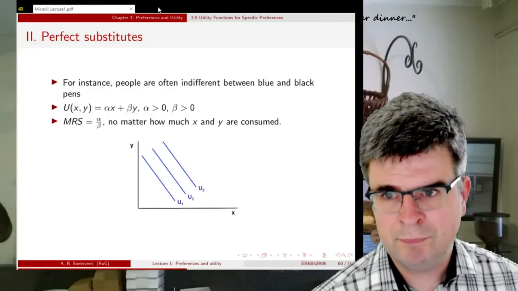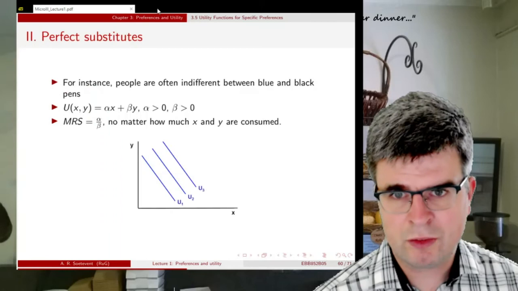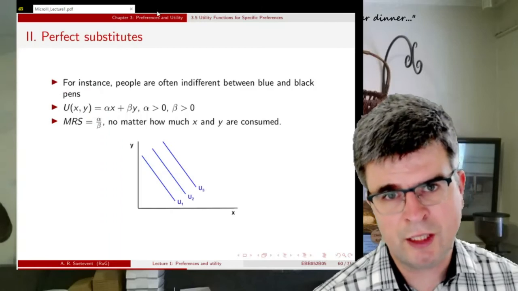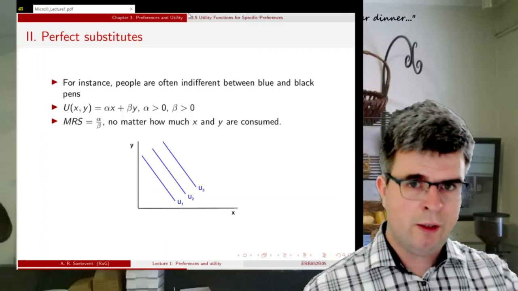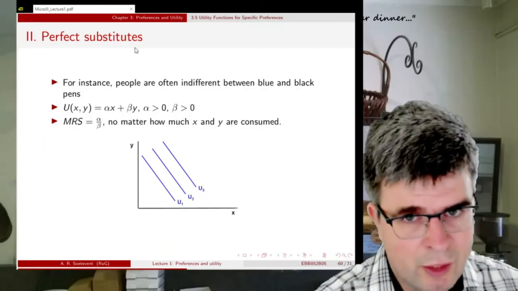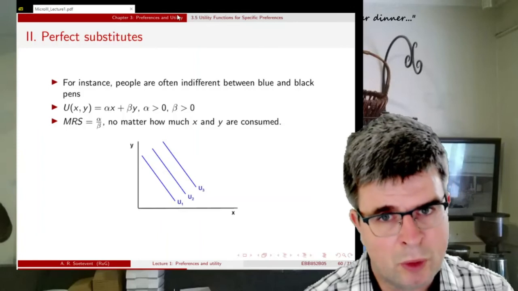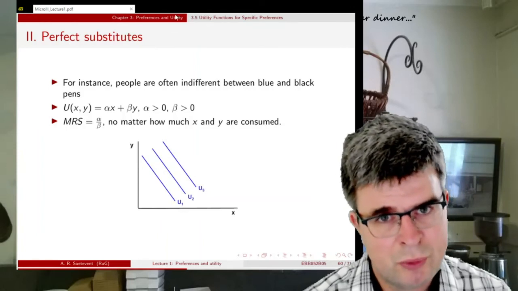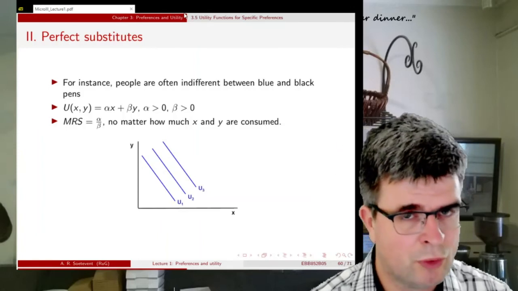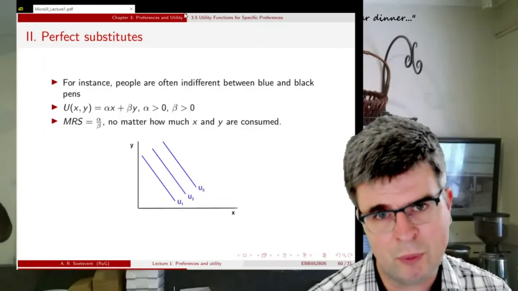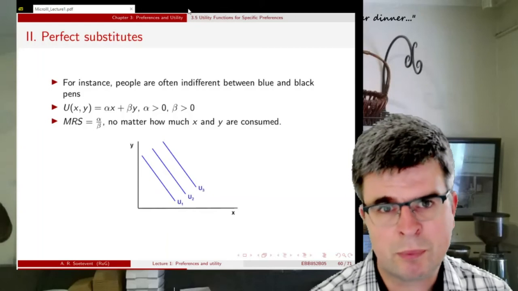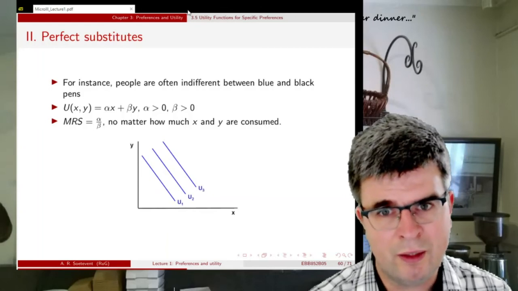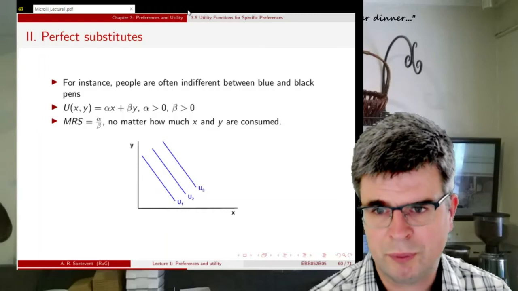That's the first one. The second utility function is the case where the goods are perfect substitutes. So think of the textbook example of having Coca-Cola in bottles of 1 liter and in bottles of 2 liters. If you consume a lot of cola anyway, you don't care that much whether you have 1 liter bottles or 2 liter bottles, especially if the price of the two reflects the difference in volume.